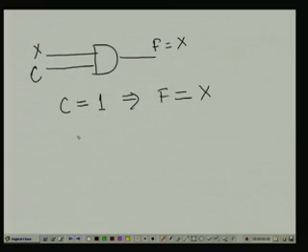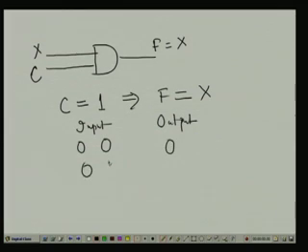Why? Because if I remember the truth table for the AND gate, then 0 0 are the two inputs, this is my output, then this is 0 0 0, 0 1 0, 1 0 0, 1 1 1.